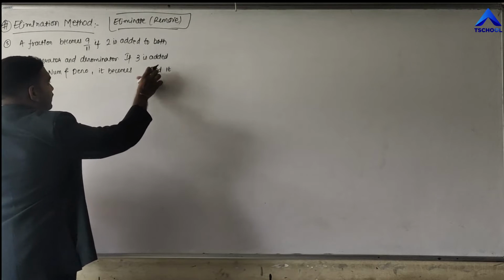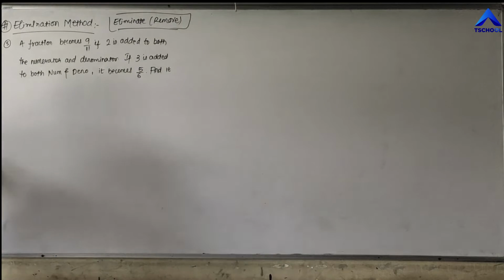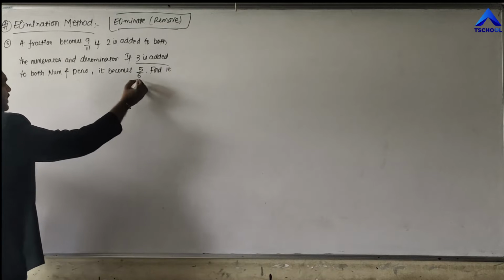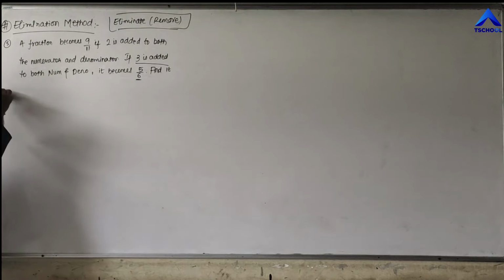Now, as we are having a fraction here, it becomes 9/11 if 2 is added to the numerator and denominator. If 3 is added to the numerator and denominator, it becomes 5/6. We need to find out the fraction. So the solution starts.